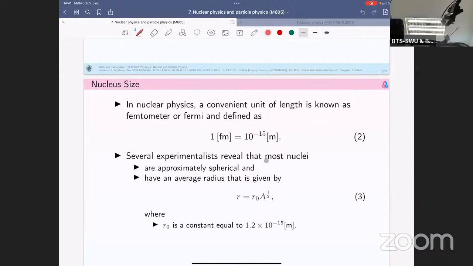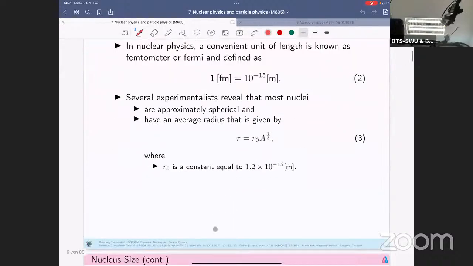R0 is a constant, and it's equal to 1.2 times 10⁻¹⁵ meter. That's R0. And please note that if you have bigger elements, the nucleus of that element is going to be bigger too, because of the cube root of A.